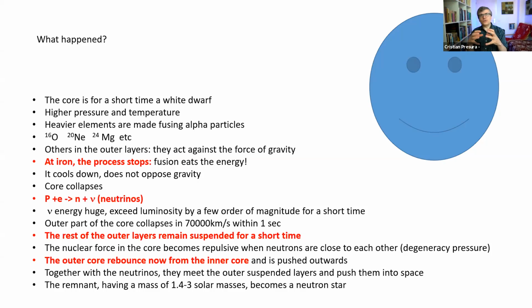If initially you would have a white dwarf with only carbon inside, now because the outer layers push so hard on the inner part, the temperature increases even more, and then the carbon starts to fuse. So then you obtain oxygen. The oxygen starts to fuse, and you obtain neon, and then you obtain magnesium.